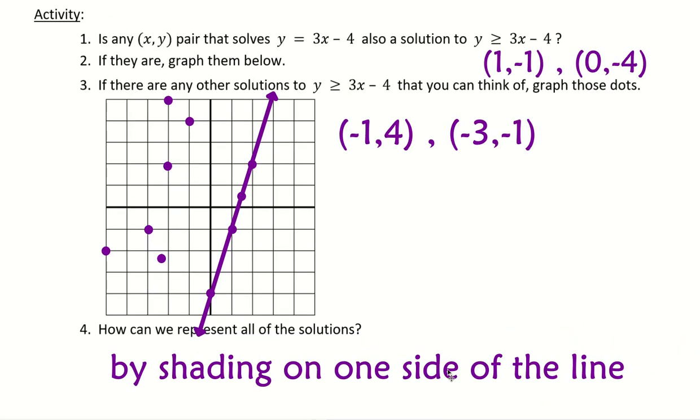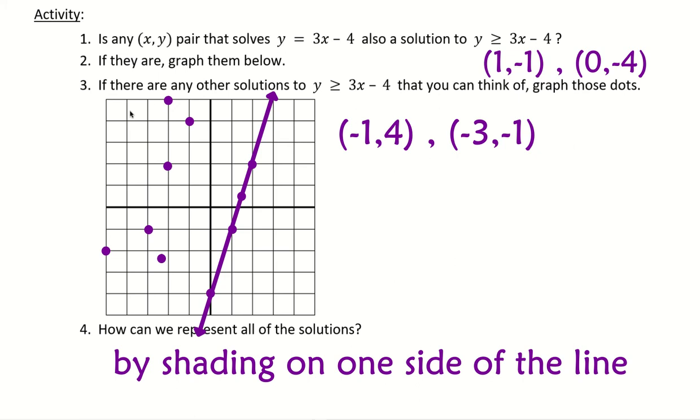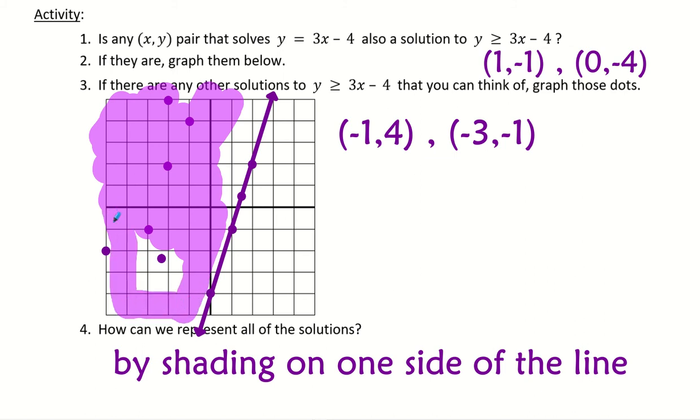We can't put a bajillion dots here, so what you can do is shade everywhere, because you're coloring in all the solutions. Remember, there are solutions on that dark purple line, and then in this lighter purple shading, there are more and more solutions. There are solutions everywhere.